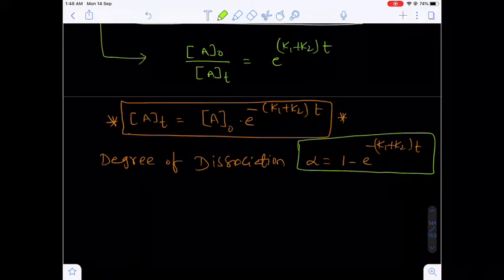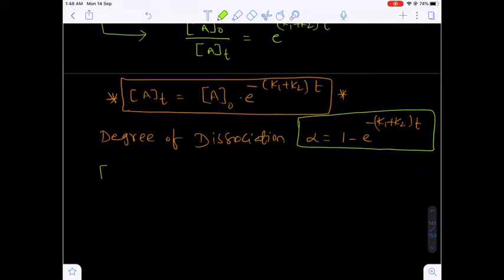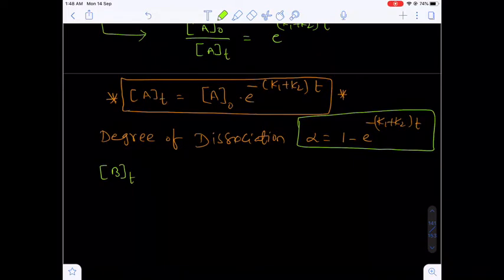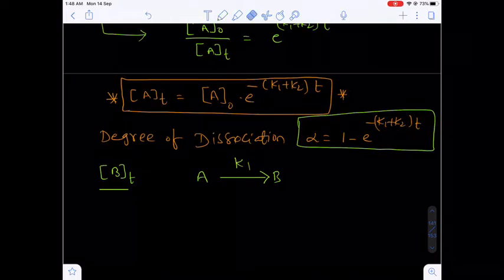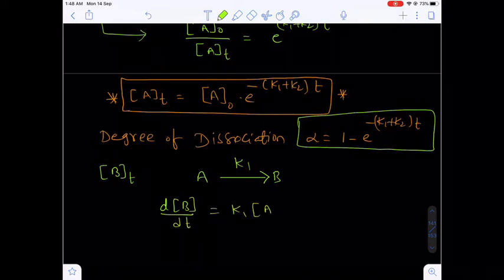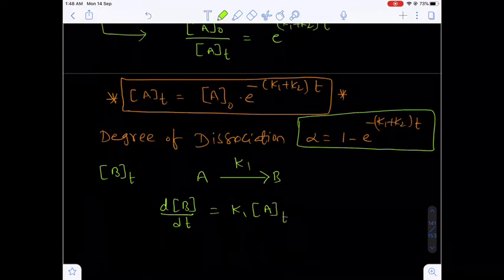Okay. Now come to the concentration of B. We have to find the concentration of B at a time interval t. Here A gives B, and the rate constant is K1. So dB by dt is equal to K1 times the concentration of reactant A at time t.